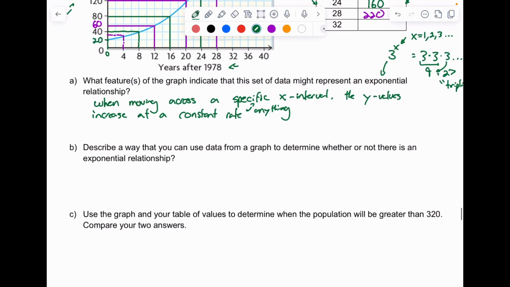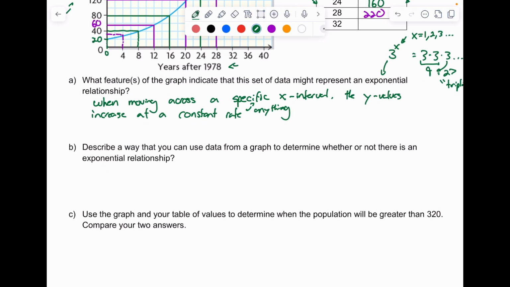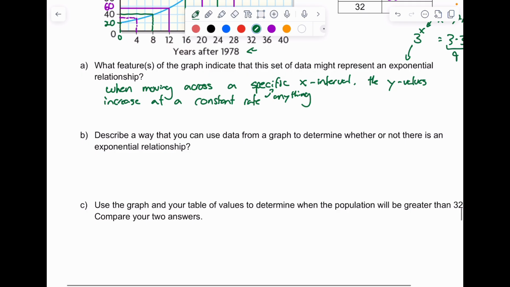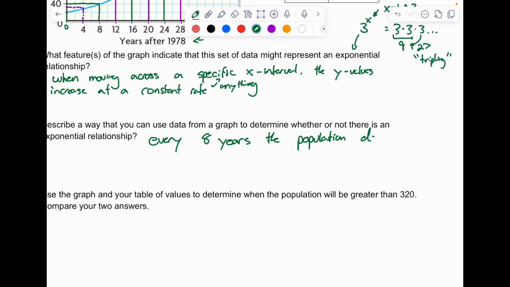So now if we say describe a way that you can use the data from a graph to determine whether or not there's an exponential relationship, well, in our case, every 8 years, the population doubles.